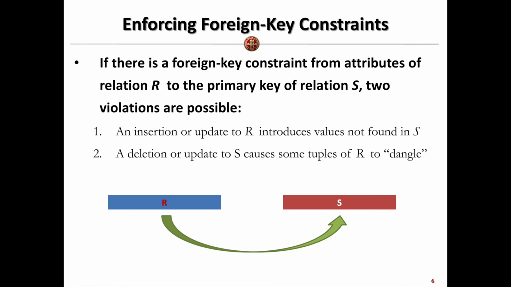At the same time, if we update the S table, delete or update some beers in the S table, that may also cause inconsistency, because some beers we refer to from R to S may never exist, right? This is called a dangling reference, which we mentioned before.